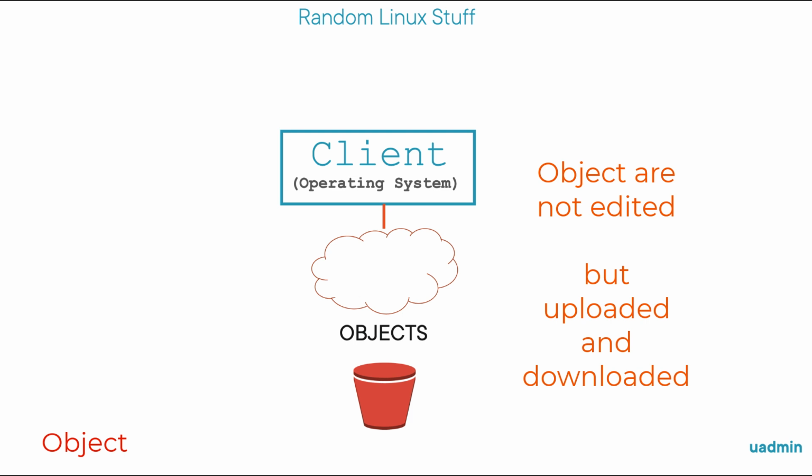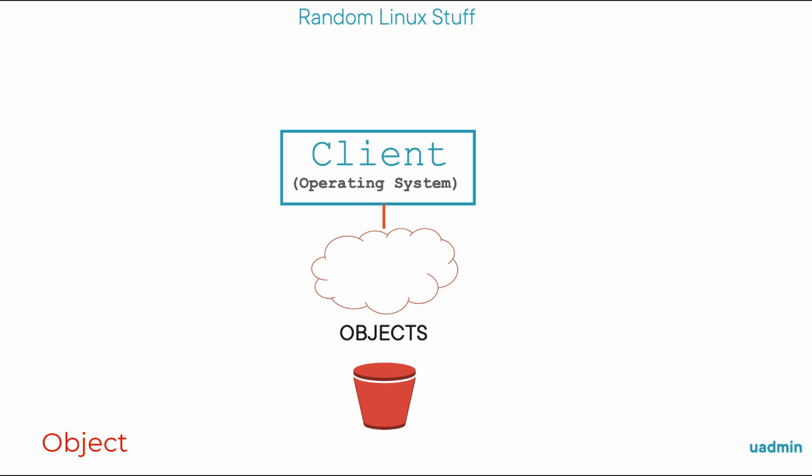So the major differences between object storage and the other two are that with object storage you do not edit objects. You simply don't. You download them and upload them. So for example, you create a video, you make sure you like the MP4 and then upload it. And if you want to change it, you first download the video again, modify it locally and upload it again as a completely new object.